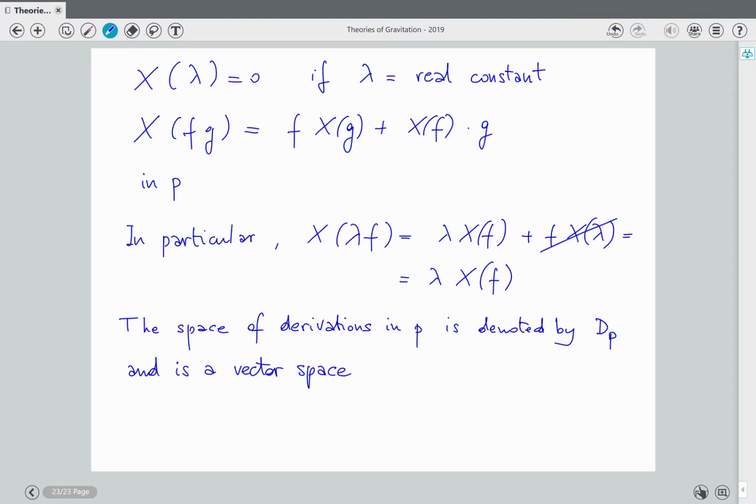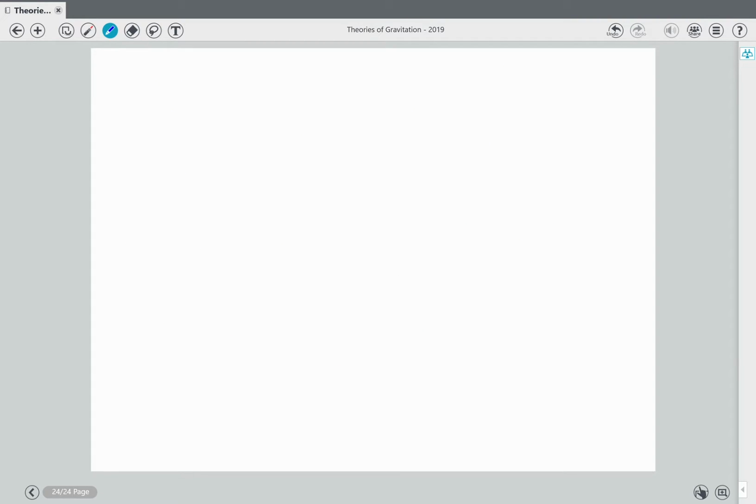So to do that, we first state and prove a simple property of C infinity functions. So this is an aside note.